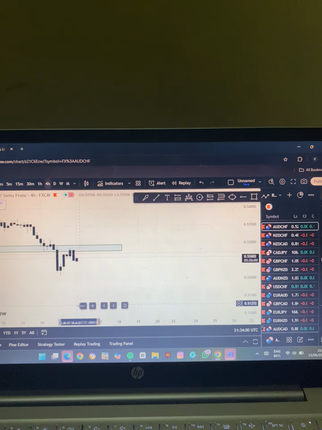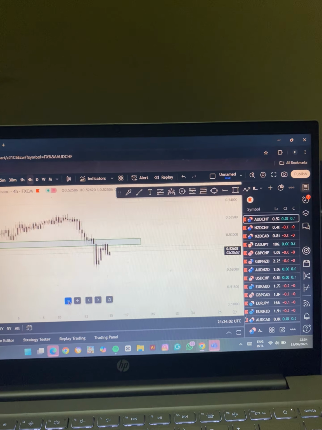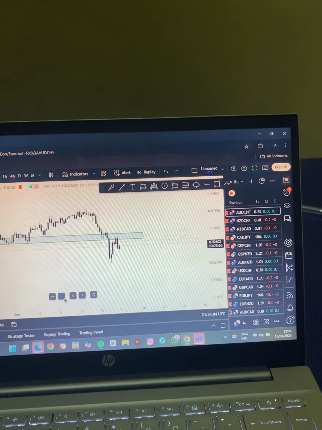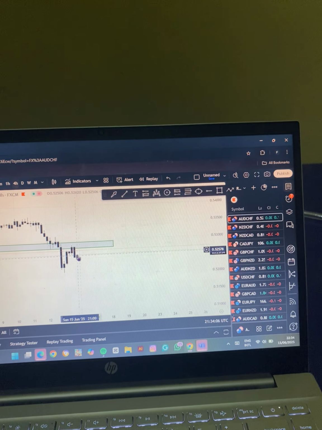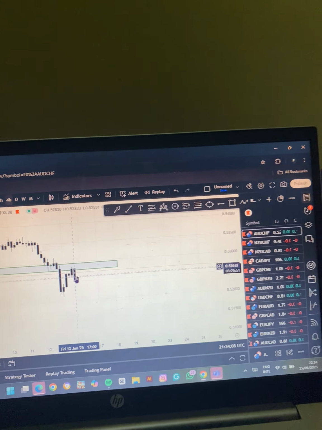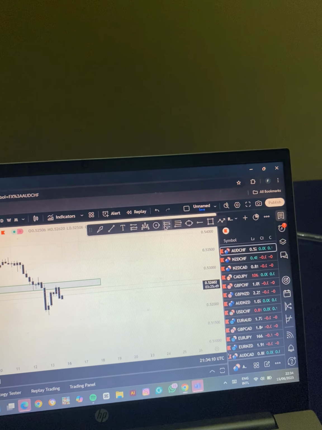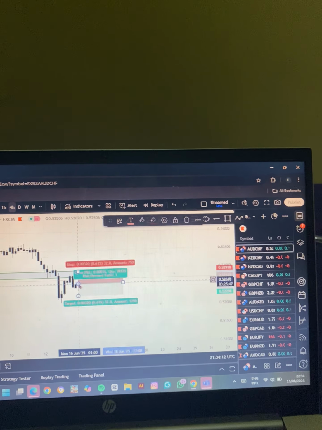So around there, I've already gotten the bullish engulfing candle, waiting for a retest, which is already happening. You can see price pushing up for a retest this week. Probably this will be our ideal entry.